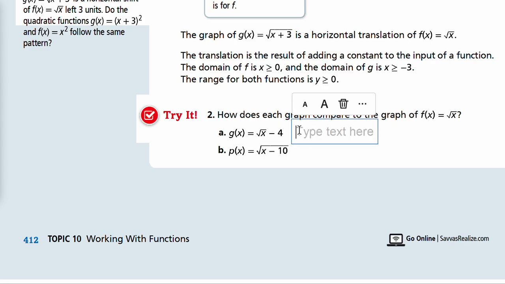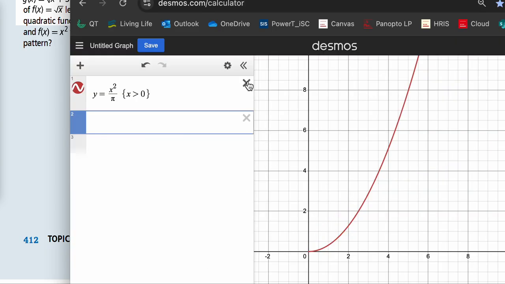So part A, if you are not sure, you can always graph them and compare with the parent function. This one, g of x, compared to the parent function, what do you notice? Should we graph? Yeah, let's do it.